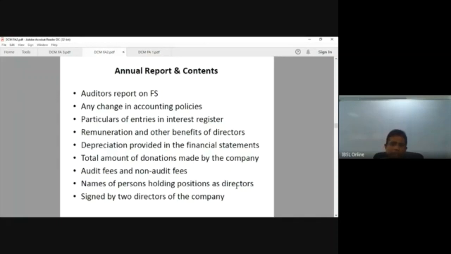But take the item audit fees: even though it is in millions and we are reporting in billions, whether it is 1 million or 2 million doesn't matter. You have to specifically state these figures, audit fees, in the financial statements. That is a requirement under the Company Act.